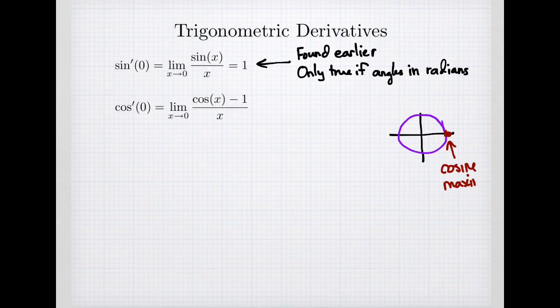And the slope at a maximum has to be 0. So by this idea, we expect that this limit is 0. This is what we expect. But we want to actually see why this is true. And I'm going to show you using a trick called multiplication by a conjugate.